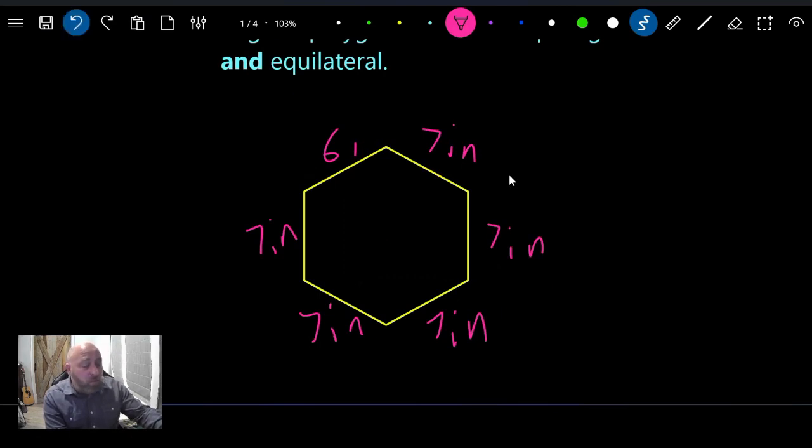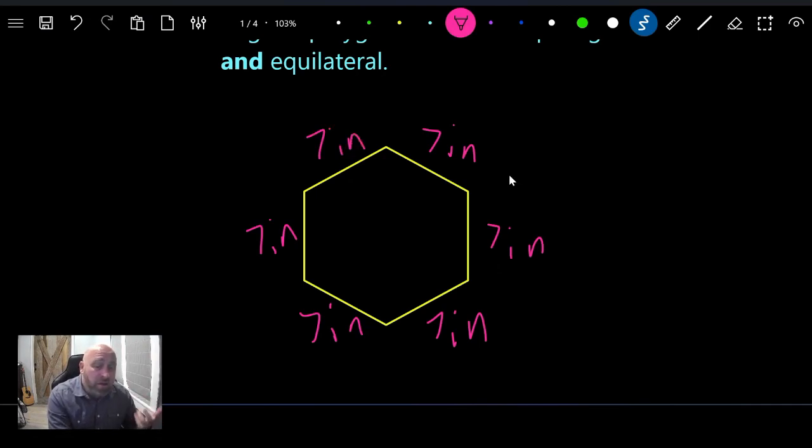What does that mean if one side is different? Well, that means there's got to be some angles that are different as well. So if one side is different, then some angles are also going to be different. It's kind of like a chain reaction right there. Or if the angles are different, then the side is different, depending on which way you're looking at it. So if this is 7 inches, then we have a regular shape.